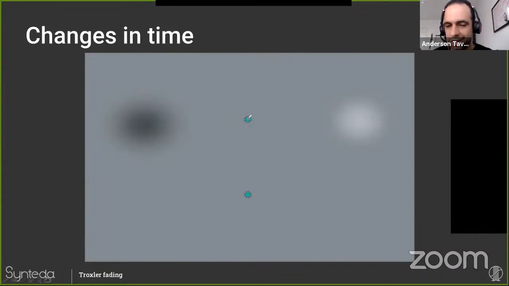But after that time, if you look at that second cross, you see some after images, like some white region at the left side and black region at the right side.